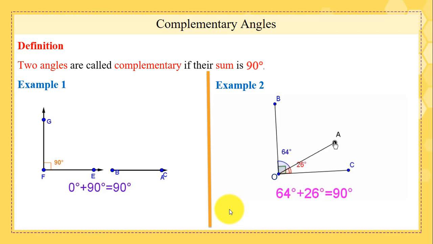This is an example. Their sum is always 90. 30 plus 60 is equal to 90. So they are adjacent complementary.